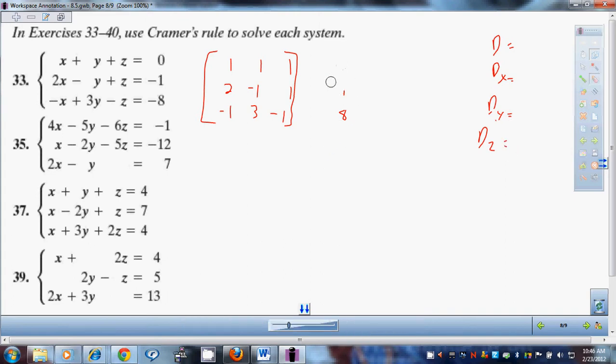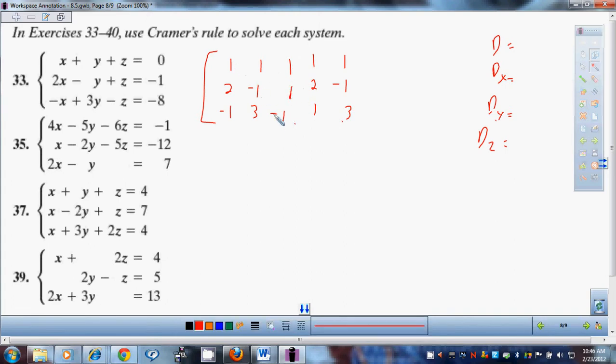First off, I'm going to move the 0. You know, it's right here. We don't need to remind ourselves what it is. First thing we need to find is normal D. So we write out the first 2 rows. And I'm assuming the consensus is do the diagonal method. So that's what we'll do.